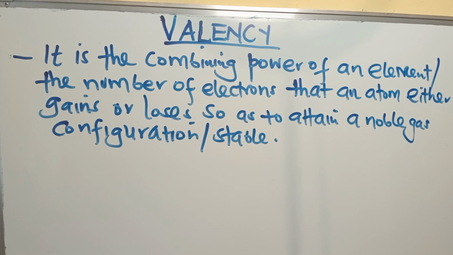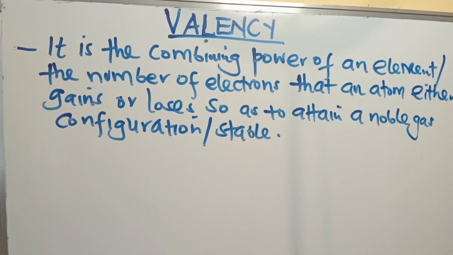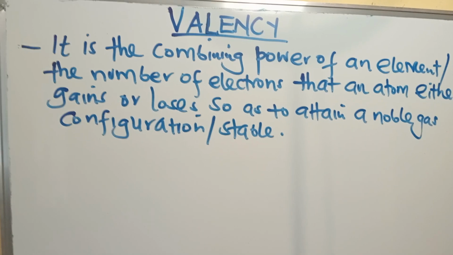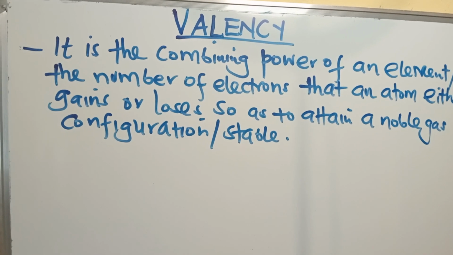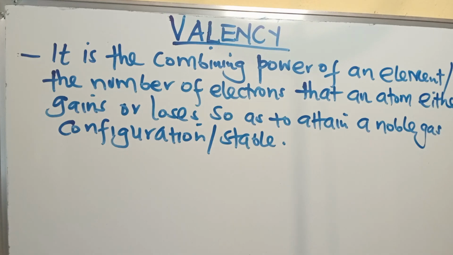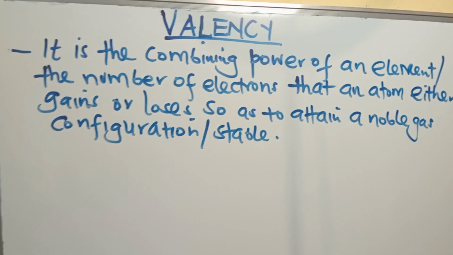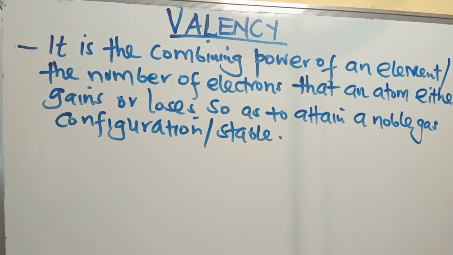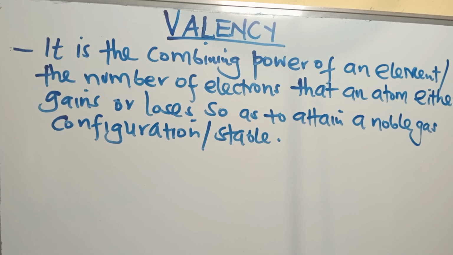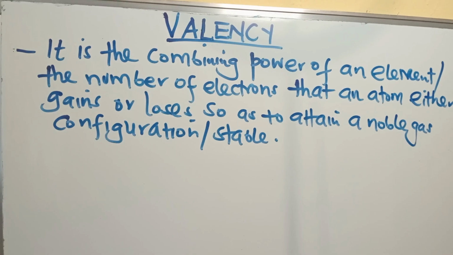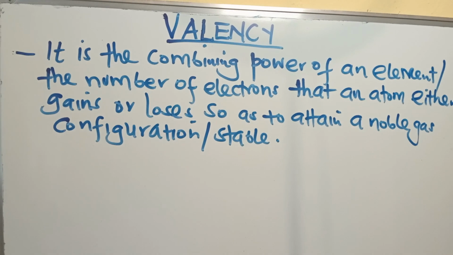So I mentioned the 3 rules that are usually followed when you are filling energy levels for the first 20 elements in the periodic table. One of the rules was that the first energy level should have a maximum of 2 electrons.